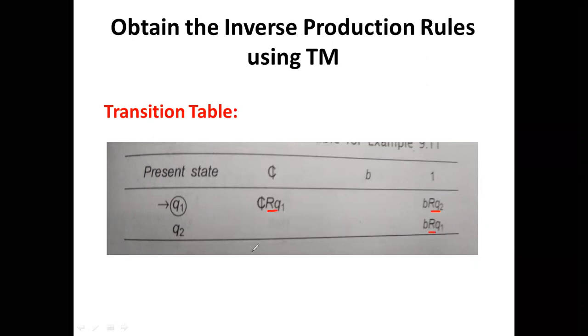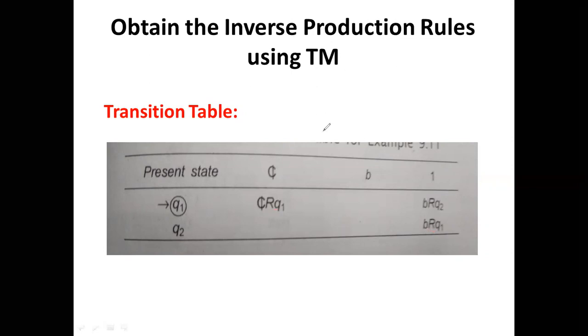So what are the productions? That is Q1 left end marker to left end marker Q1, right? And again Q1 1 to B Q2, Q2 1 to B Q1.